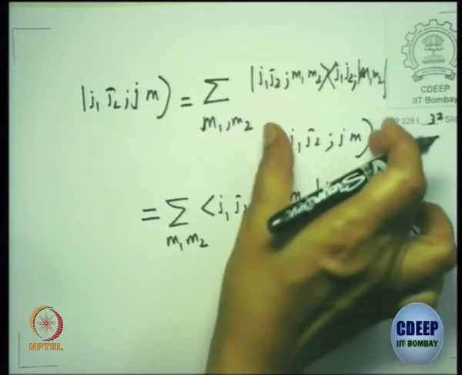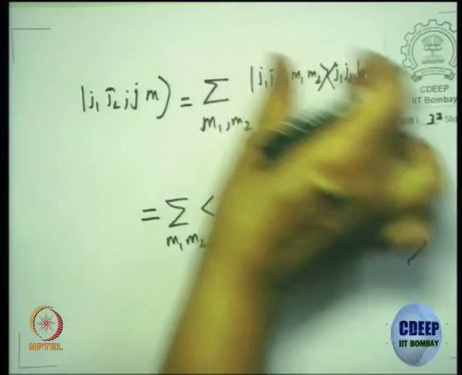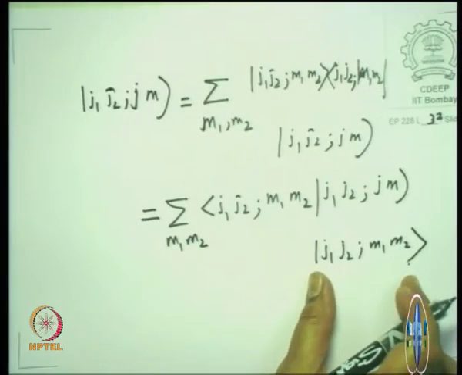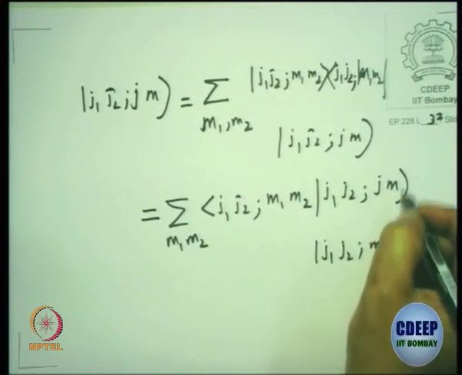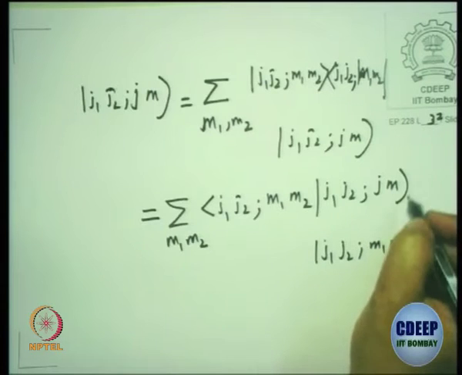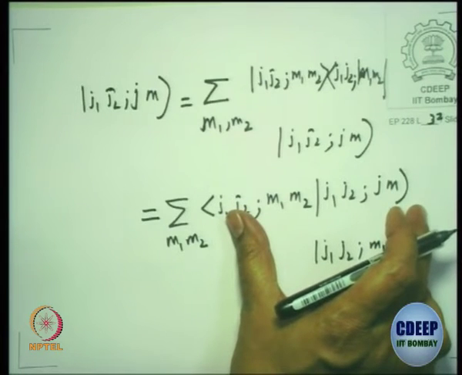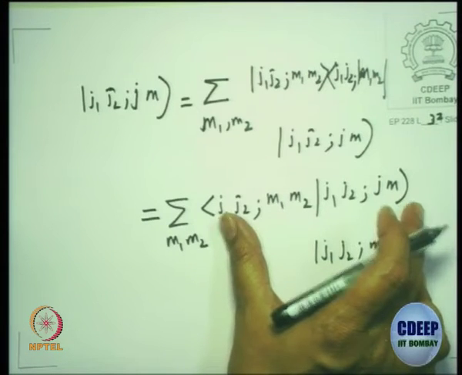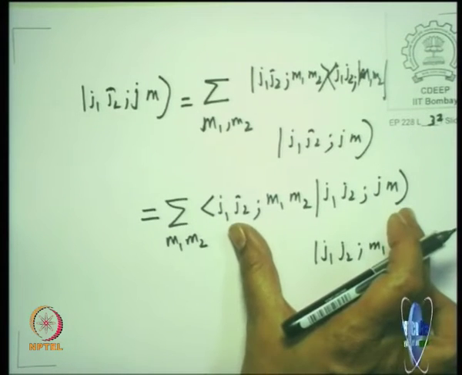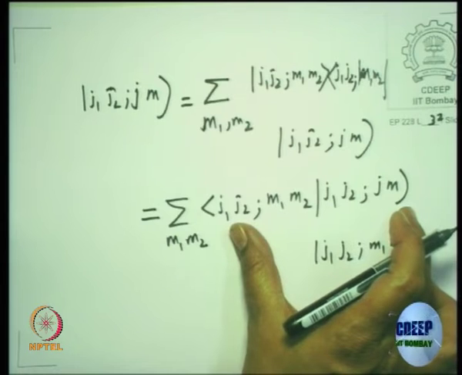I've just taken this with this and I've brought the ket this side because this is a number. It's an inner product of two basis states that will give you some kind of a coefficient, and this coefficient is what we call a Clebsch-Gordan matrix element.